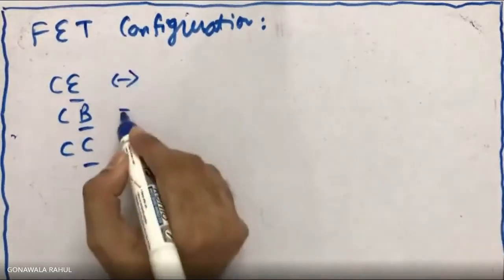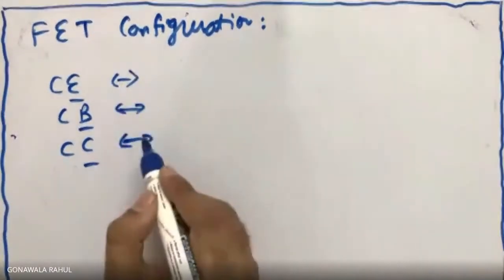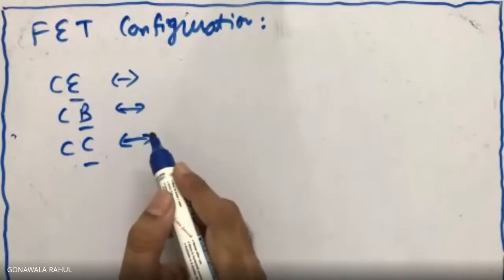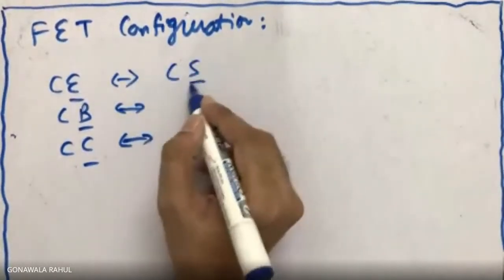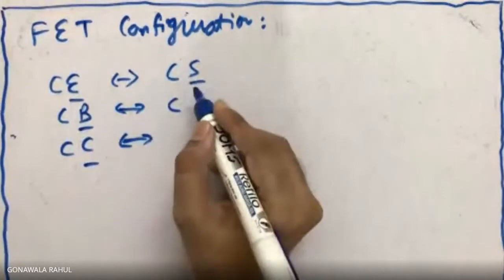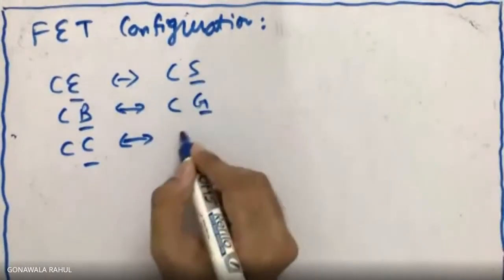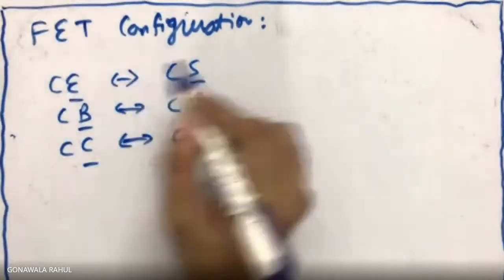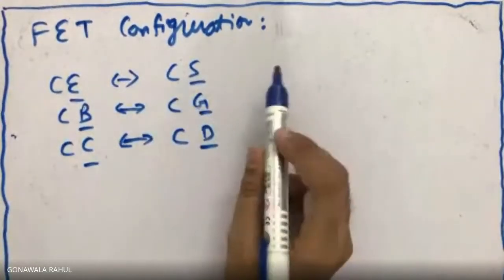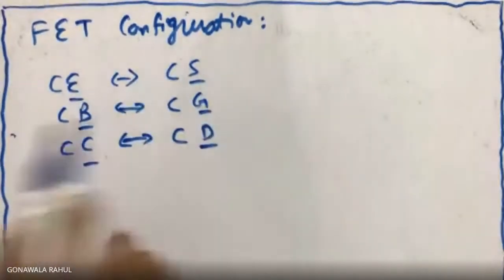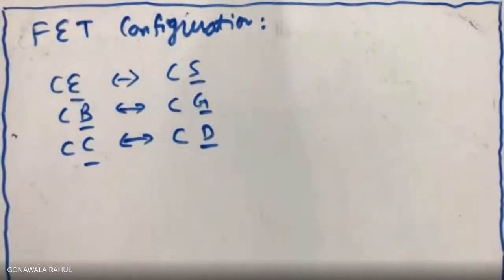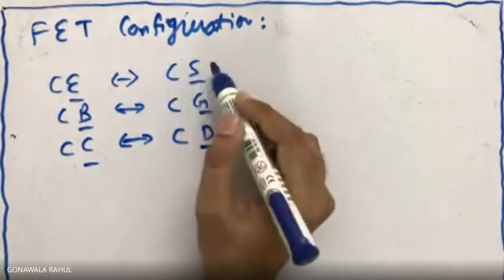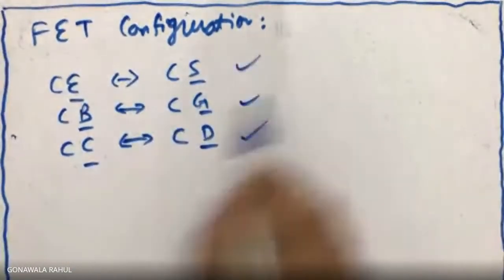Similarly, in FET, that is field effect transistor, we have common source, common gate, and common drain, because here we have source, gate, and drain. So we have three configurations corresponding to those of BJT available in FET: common source, common gate, and common drain.